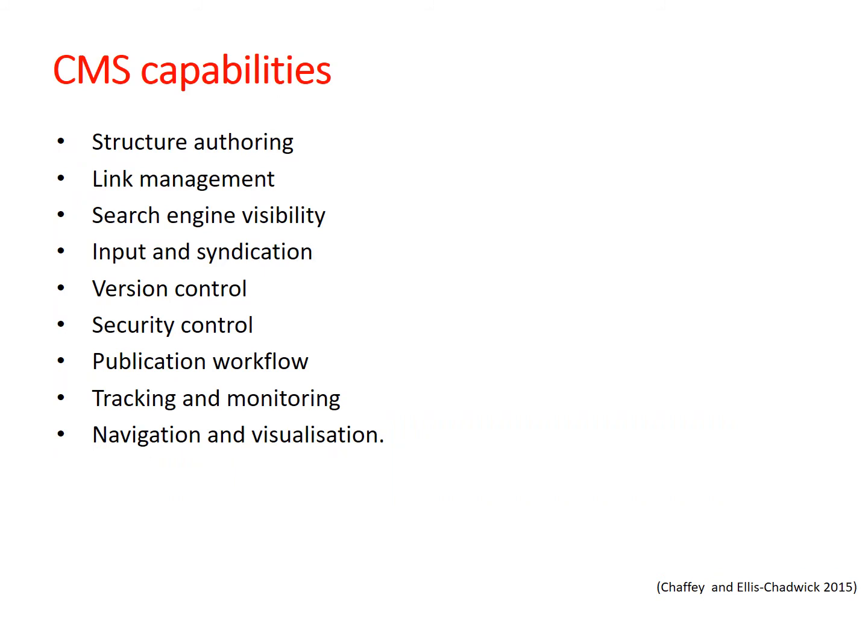CMS capabilities. Here we're talking about the structure offering, link management, search engine visibility, input and syndication, version control, and security control. You need to think about publication, workflow, tracking and monitoring, and navigation and visualization.